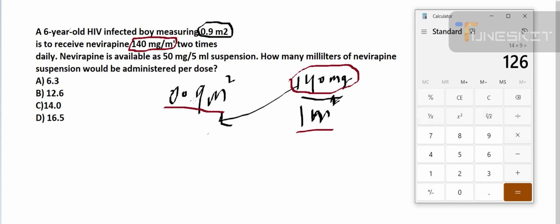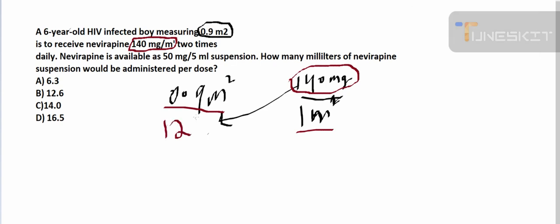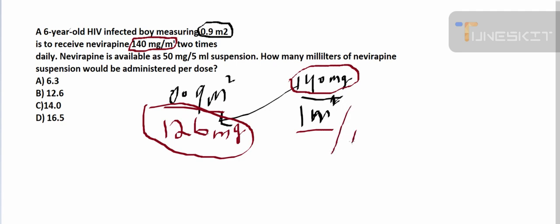So for 0.9 meter square, the dose will be 126 mg. Very easy. For 1 complete meter square, or you can say for 10 units, the dose was 140, and for 9 units, the dose is 126 mg. So this was our first step, to convert this.